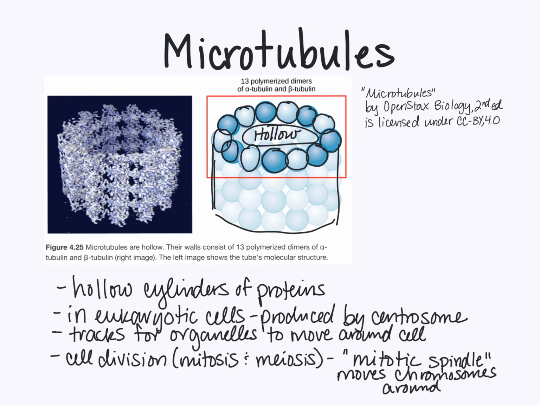Another important thing to note about microtubules is that they also work with motor molecules in order to allow this movement to occur. The motor molecules that work with microtubules are called kinesin and dynein.